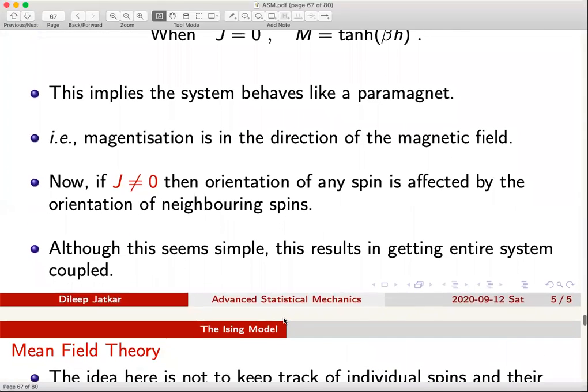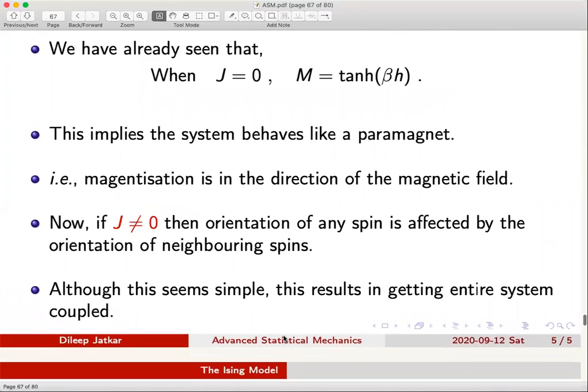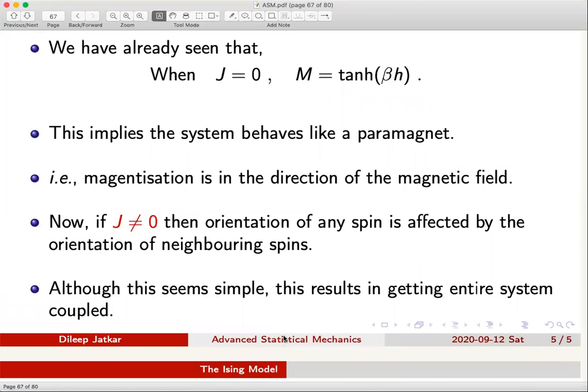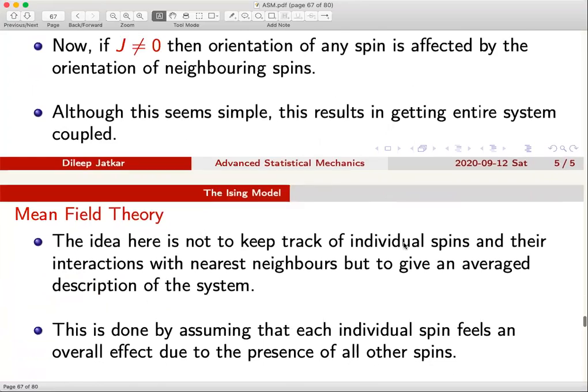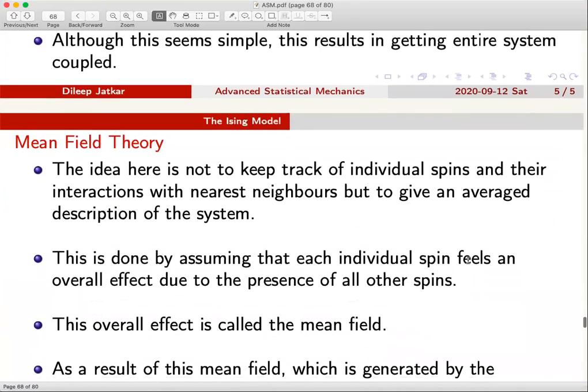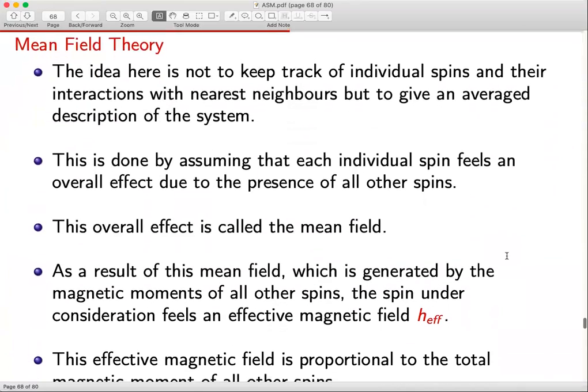Okay. Now we want to ask how we go about studying a system of this kind. The crudest approximation, I shouldn't use the word crude, since some condensed matter physicists around wouldn't like it, but one of the simplest approximations that you could do is what is called the mean field theory.